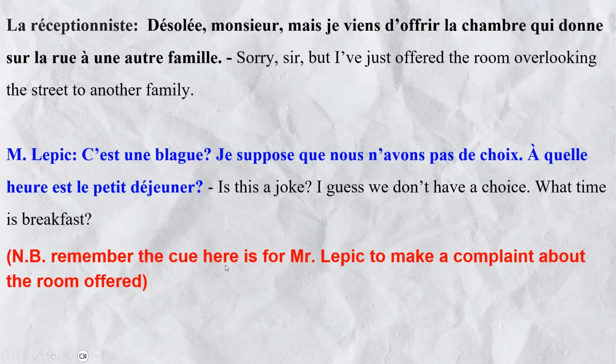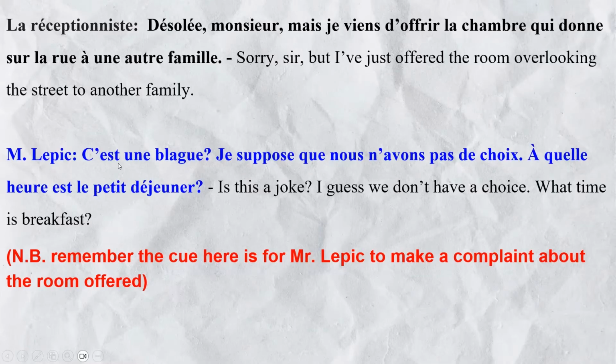Remember, the cue here is for Monsieur Le Pic to make a complaint about the room offered. So he asked for the other room, and the reply that was given indicated that the other room that he asked for was already given to another family. And as a response that aligns with what the cue is asking, right?